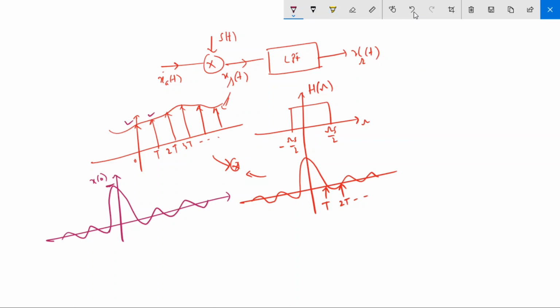Then when you find the convolution of this sinc pulse with the next impulse, which is located at T, you are getting the same sinc shifted in time by T and multiplied with its magnitude, that will be x(1) here. This is x(2), x(0), and so on.